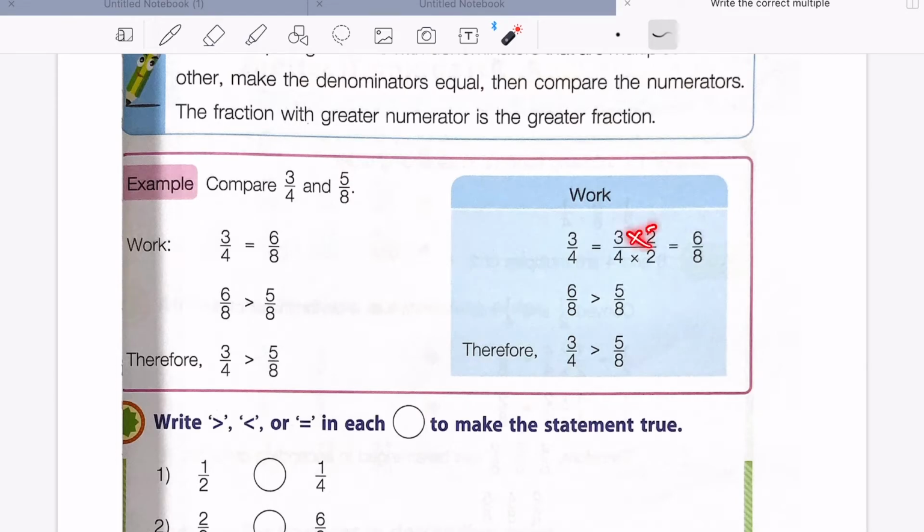We have to times 2 the bottom. Whatever we multiply the top and the bottom has to be the same. So we times 2 to the top, times 2 to the bottom to equal 8. So we get 6/8. So is 6/8 bigger than 5/8? Yes, it is. So that means 3/4 is bigger than 5/8.